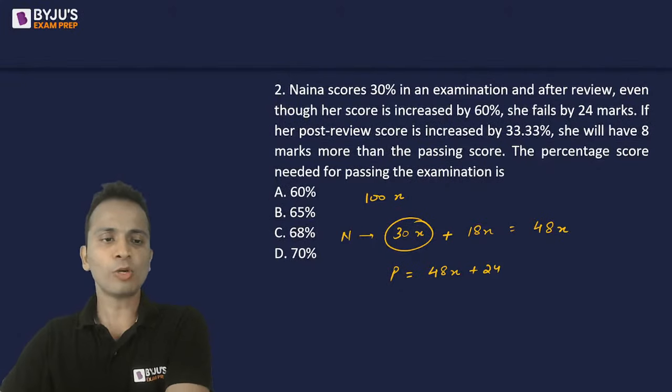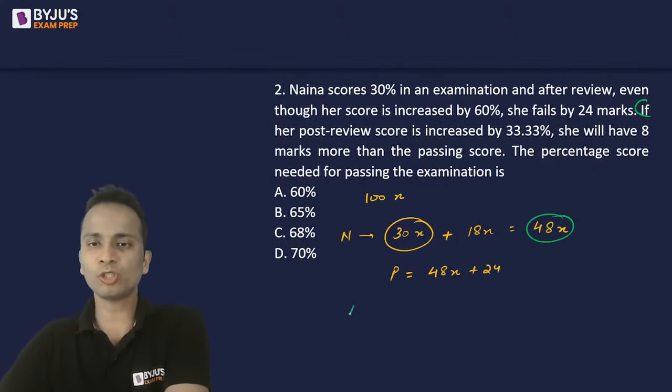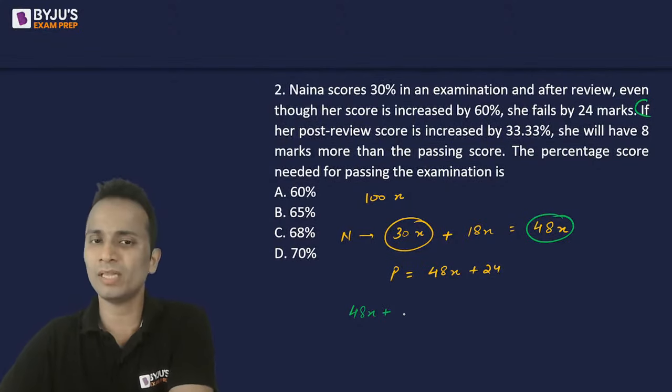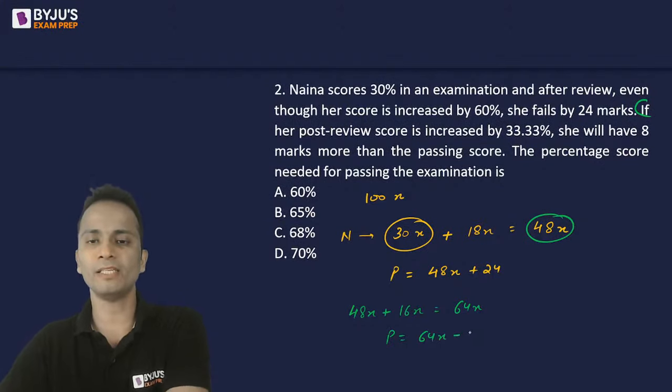Now, looking at the second case, if her post-review score, 48x, is increased by 33.33 percent, which is one third, then one third of 48x is 16x. So it will become 64x, and this is 8 marks more than the passing score. So the passing score will be 64x minus 8.